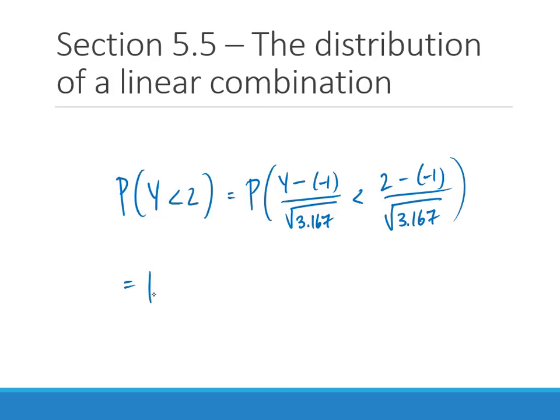And that's the probability that a standard normal is less than 1.69, which is 0.9545.